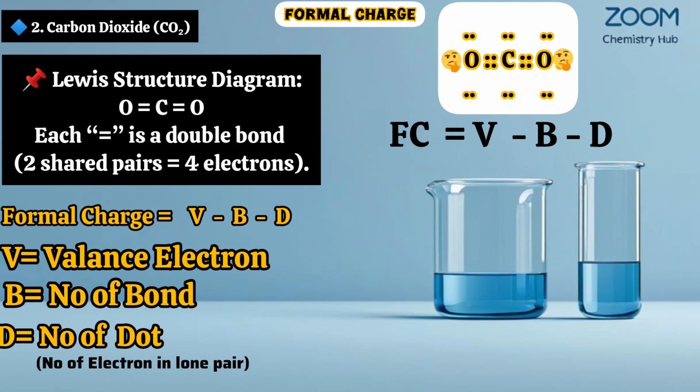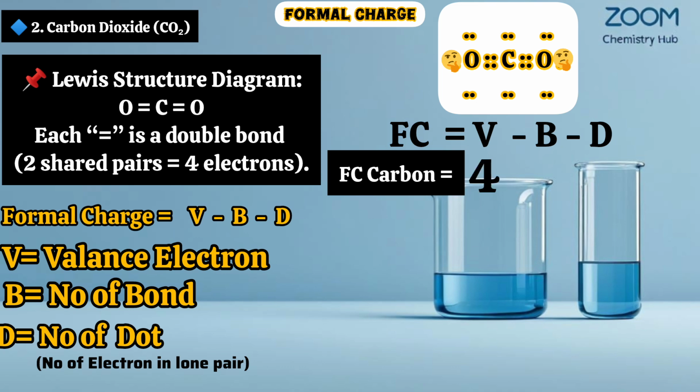We know that the valence electrons in carbon are 4 and the number of bonds formed in carbon dioxide are 4, and we can see that there is no lone pair of electrons, so the number of dots is 0. So here the formal charge of carbon in carbon dioxide is 0.